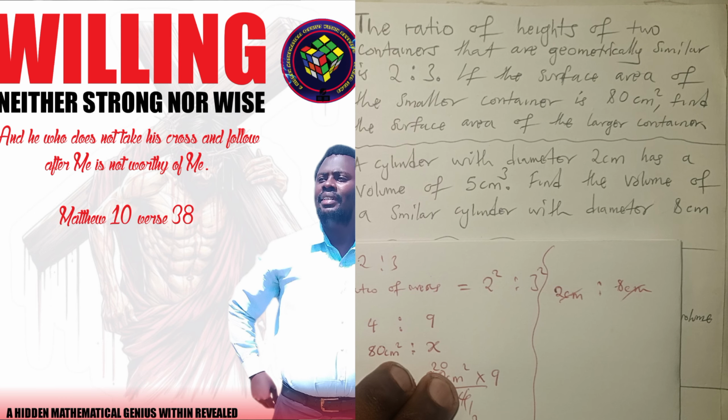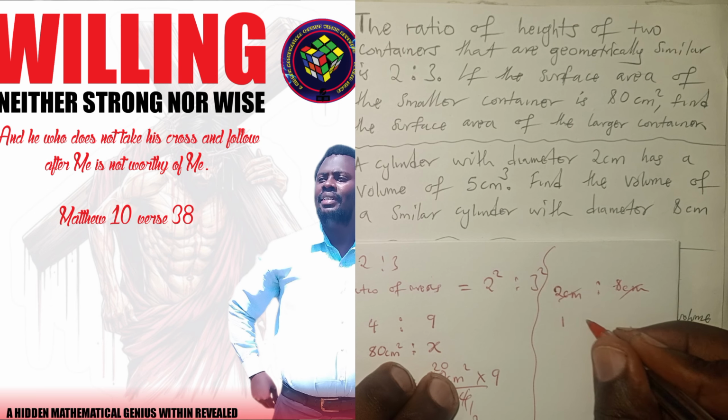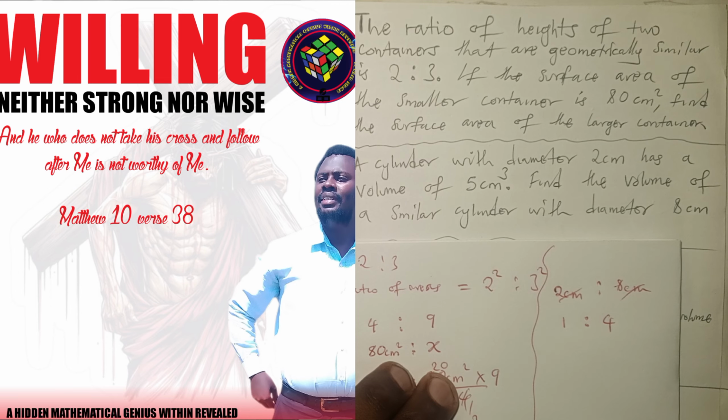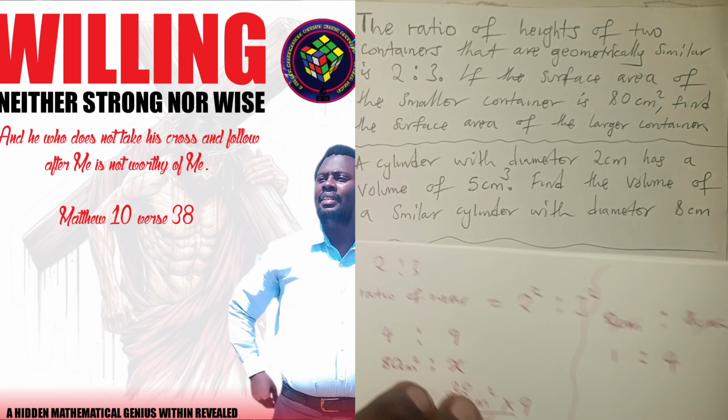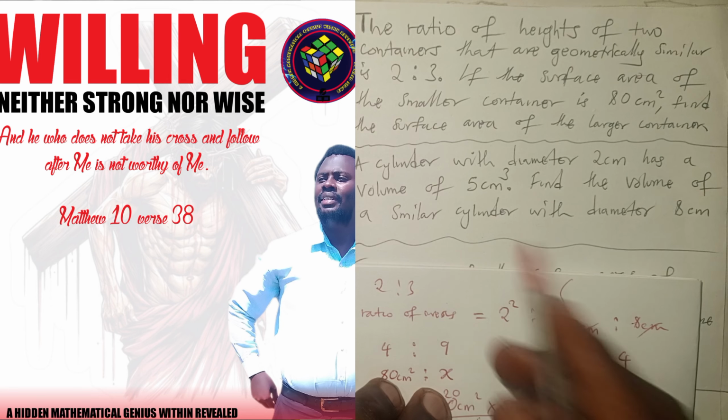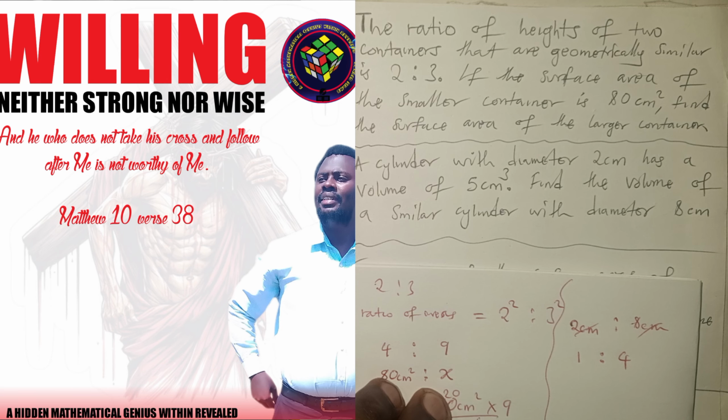Yes, that is 2. So 2 in 2 we get 1, and 2 in 8 we get 4. So 1 to 4 is the ratio of sides. Now here we want to solve for the volume of a cylinder. This should be a larger cylinder.